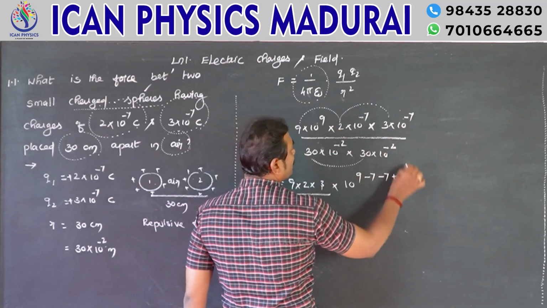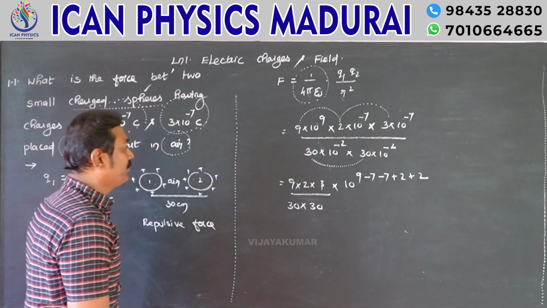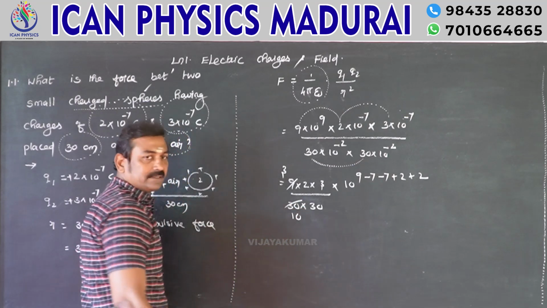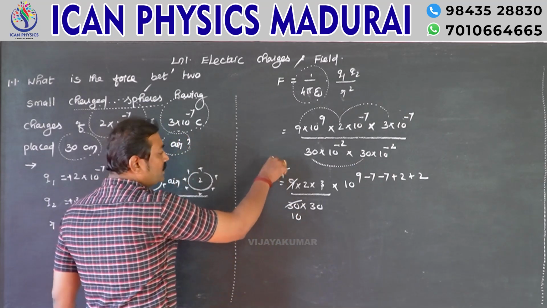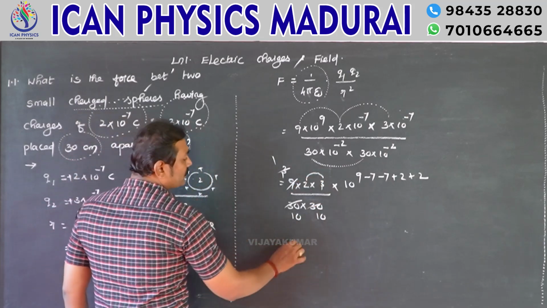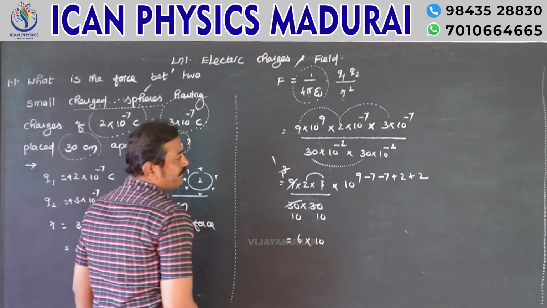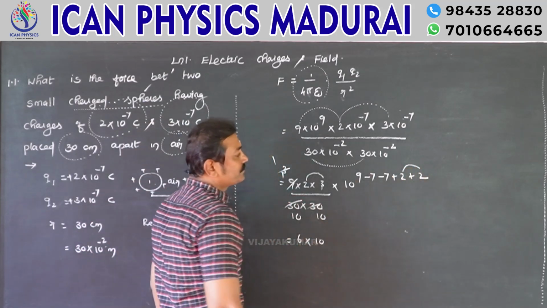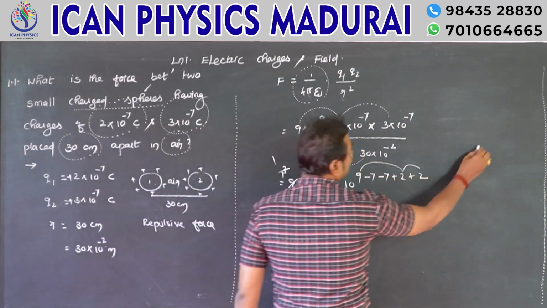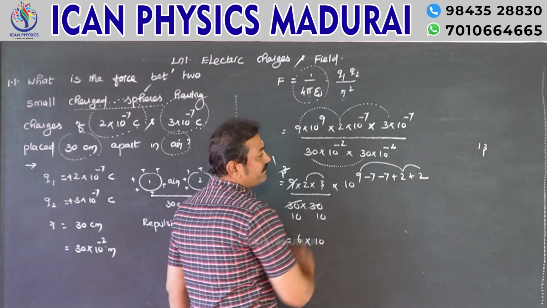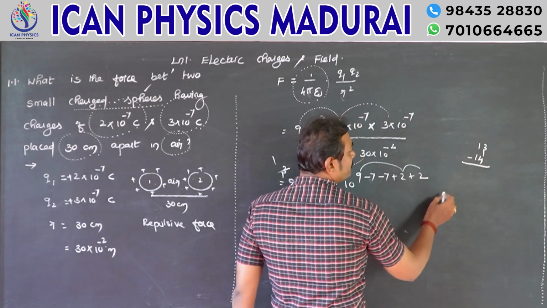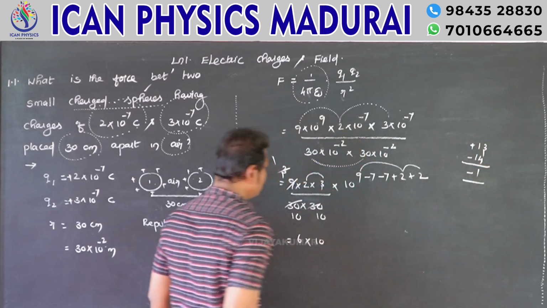Now, 3 3s are 9, 1 3 is 3, for 0 it's 0, 1 3 is 3, so 10 3s are 30. Now, 3 2s are 6 into 10 to the power, 2 plus 2, 4, 4 plus 9, 13. 13 minus 7, minus 7, minus 14. So minus 14 plus 30? We can get minus 1.